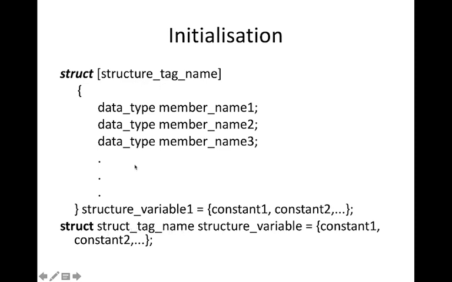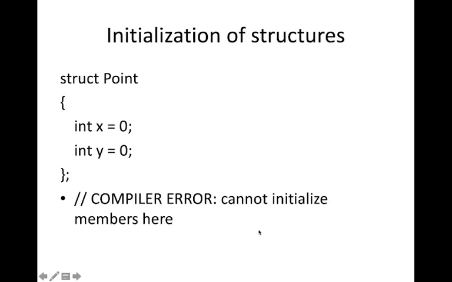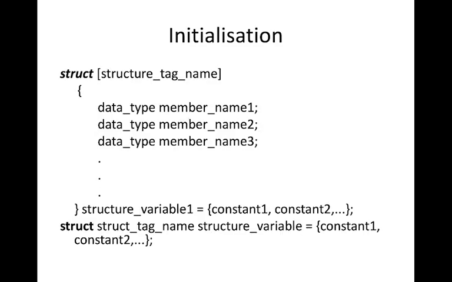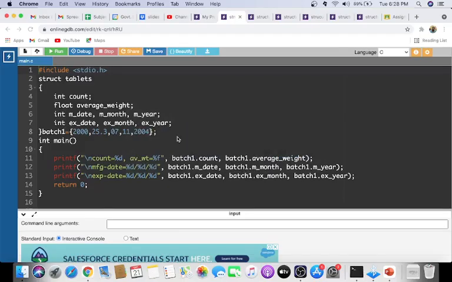The tag name should be used: struct tag name, then structure variable equal to, then within braces you give some values. So you can initialize while declaring the structure, and also separately you can initialize the structures. We will see examples and you will understand. Okay, now we will see an example of this.